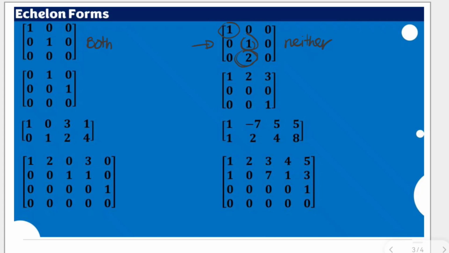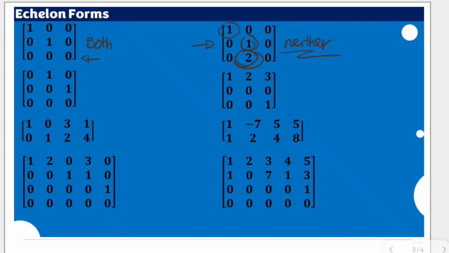Looking at the first example earlier, all entries below a leading 1 should be zeros. But since we have 2 here, that makes this neither row echelon nor reduced row echelon form.